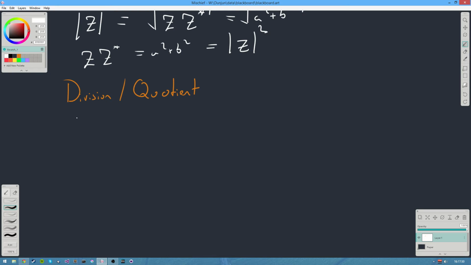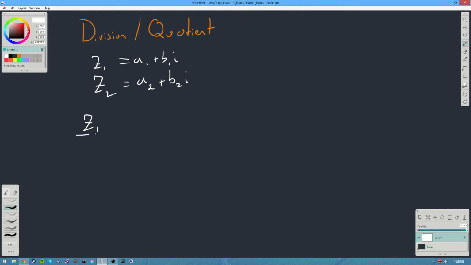So if you had again z1, which equals a1 plus b1i, and z2, which is a2 plus b2i, and we were going to do z1 over z2, this would equal a1 plus b1i over a2 plus b2i. Now we can leave it like that, and that makes perfect sense. However, most of the time we don't want to be working with complex numbers as a fraction underneath. Usually we just want to turn it back into a normal complex number.